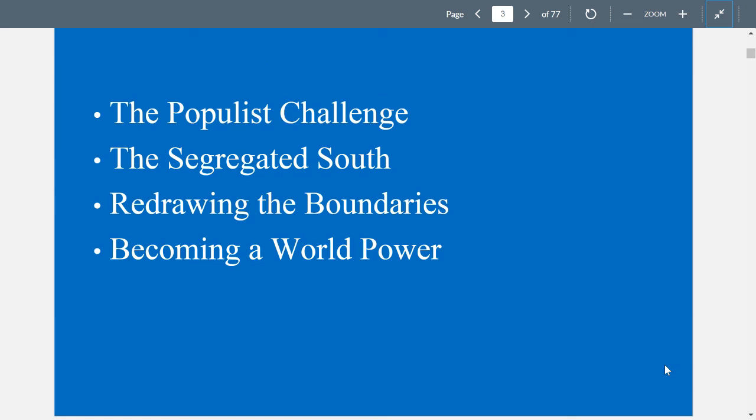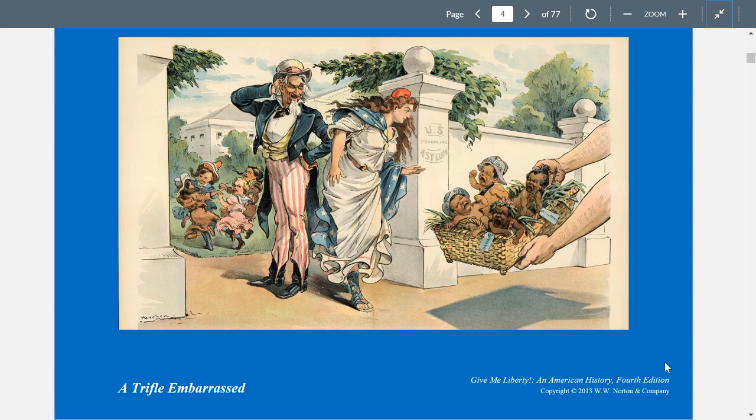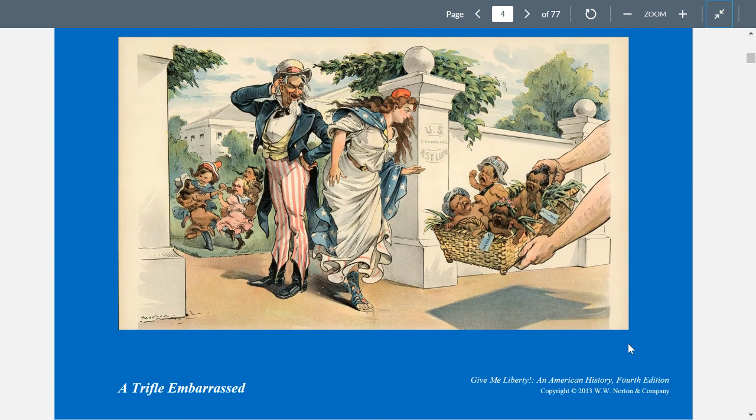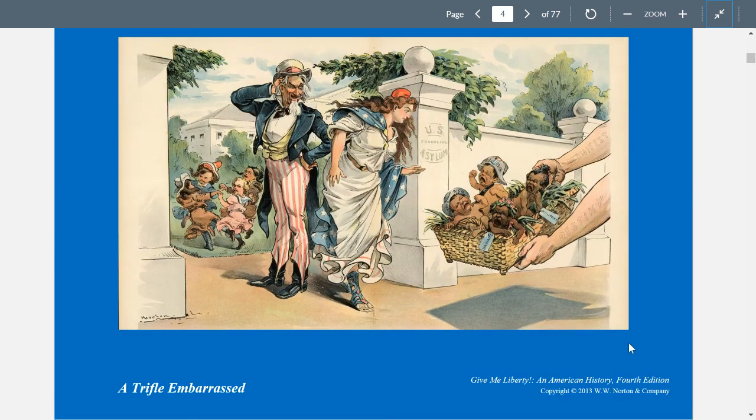When we think about this time period, the United States is going to be seeing itself as essentially being in a parental role to other territories in the rest of the world.